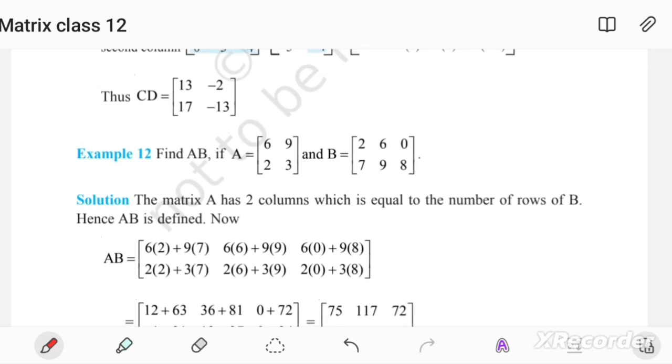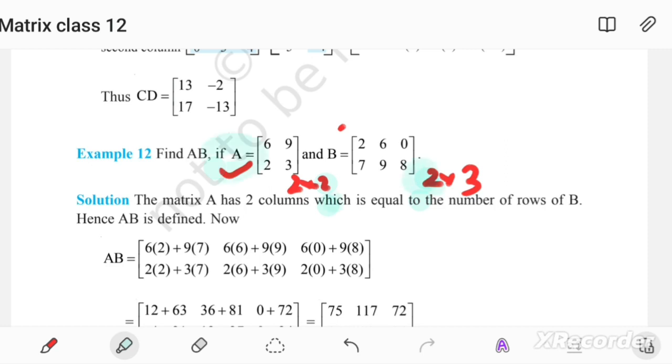As you can see, this A matrix has the order of 2 cross 2. This B matrix has the order of 2 cross 3. Now multiplication is defined if and only if the number of columns in the first matrix is the same as the number of rows in the second matrix.